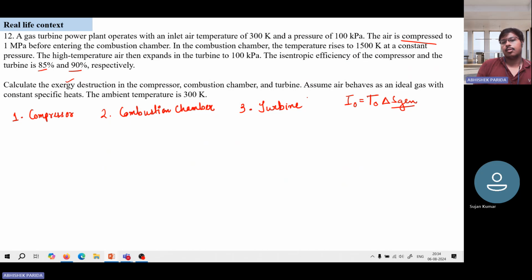These three are the parts. So you have to calculate delta S gen, the entropy generation, for each of them. Then you have to add them and finally multiply with T naught. You will find out the irreversibility in the total gas turbine power plant. Did you understand the question?